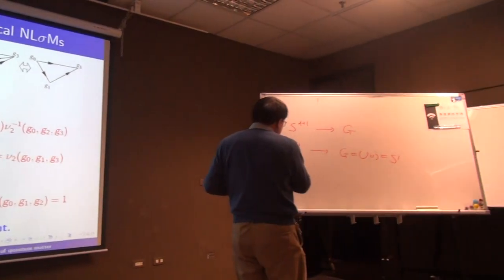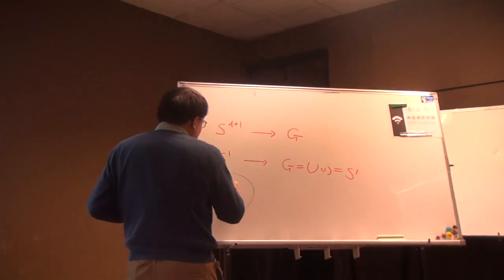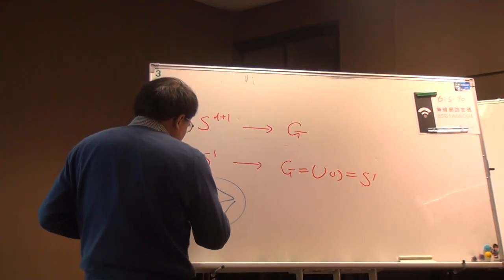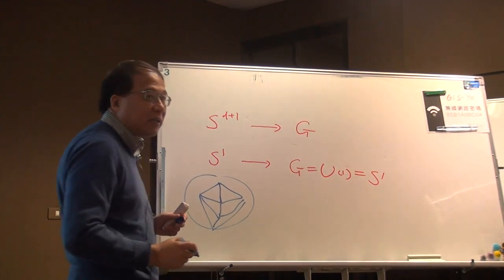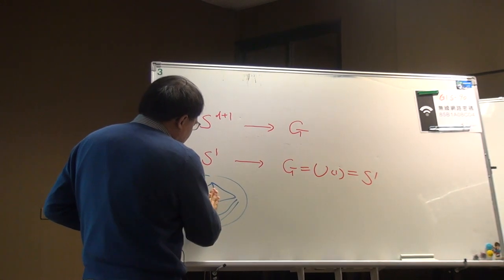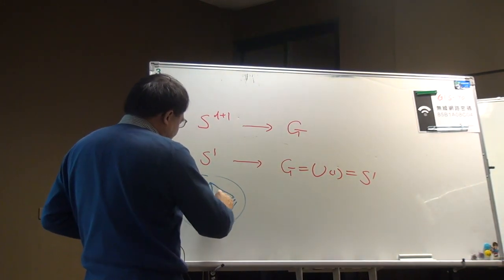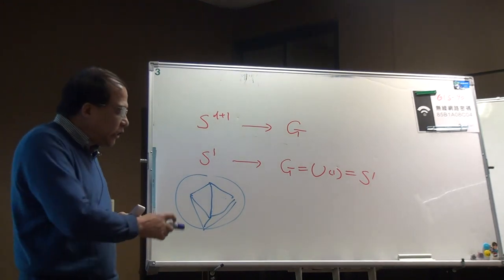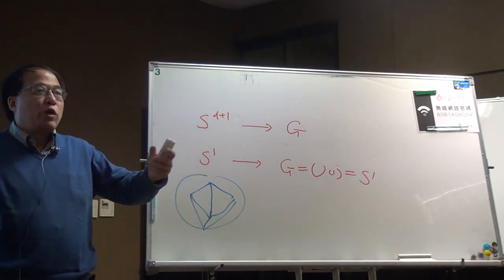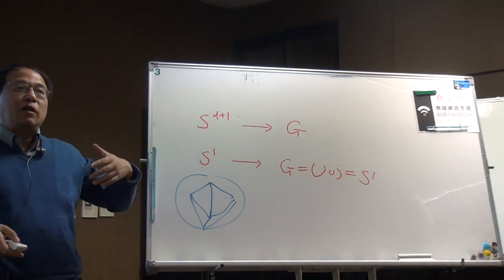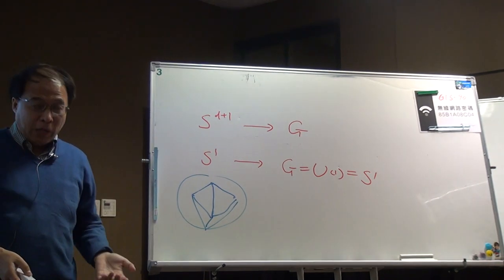Say we have a region, we can triangulate it in all different ways. But we can also change the triangulation by doing this. So that's another triangulation. So there's an issue: when you put different triangulations on the same manifold, whether the path integral is the same or not.